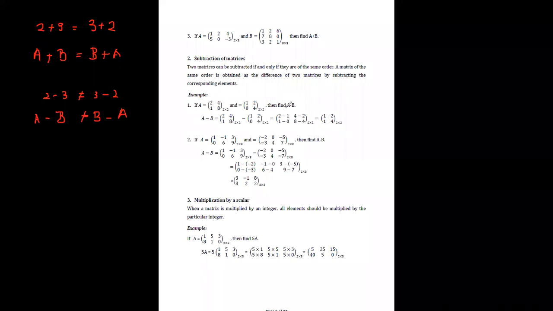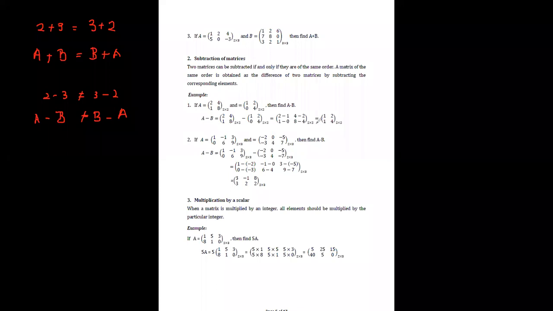Then what we can do here is first check the dimensions of the matrices. Here you can see that matrix A has the dimensions 2 by 2, and matrix B also has the dimensions 2 by 2. Now you can see that the dimensions are similar. Therefore, these two matrices are conformable for matrix subtraction. Then you can subtract the corresponding elements.